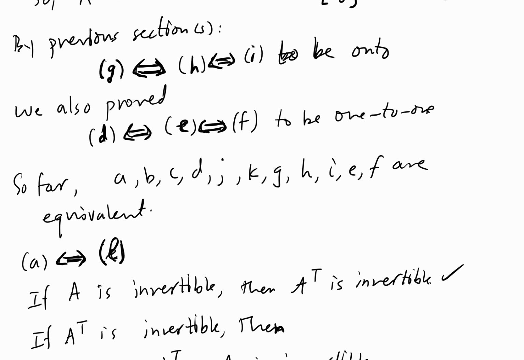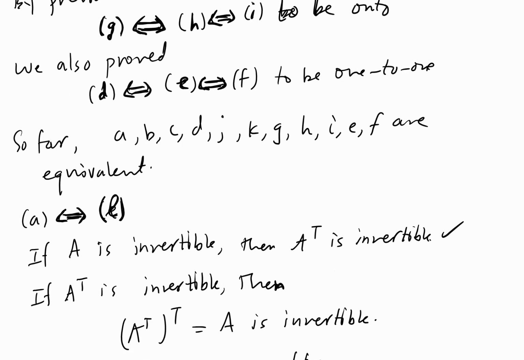Sometimes we'll put these theorems as true or false. Now, how do you prove A is invertible? Well, the way this works is we know that the transpose of the transpose of A is A itself, from last lecture.